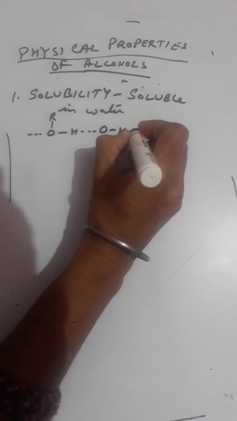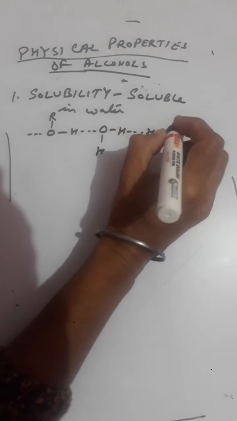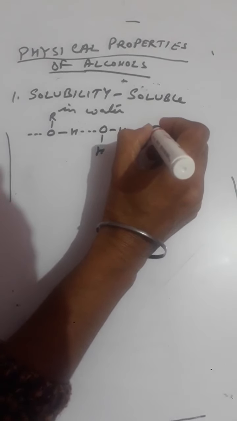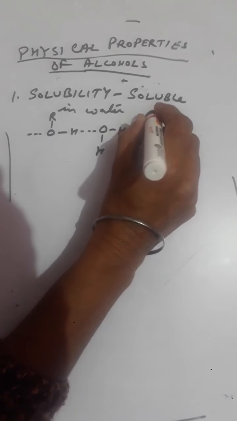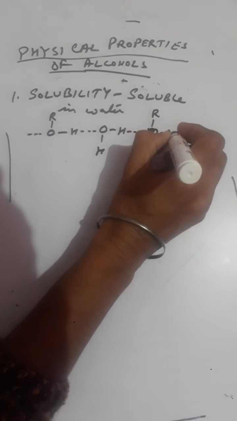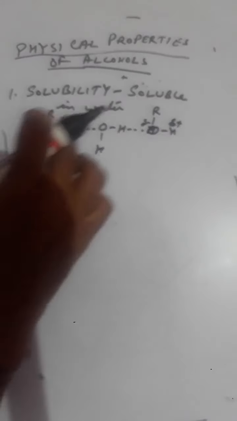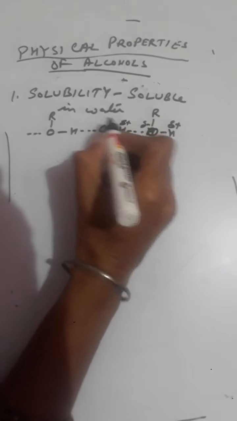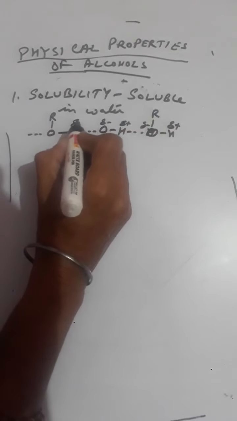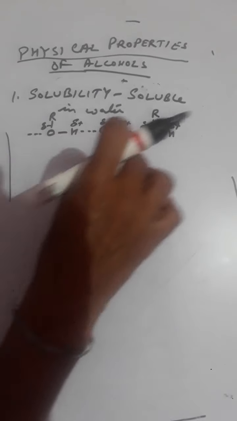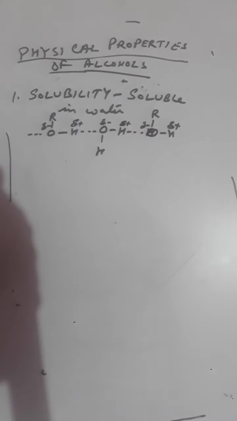In this way, there will be formation of the intermolecular hydrogen bonding in the water molecule and the alcohol molecules. Slightly positive, slightly negative, slightly positive, slightly negative, and due to which they will be soluble in water.